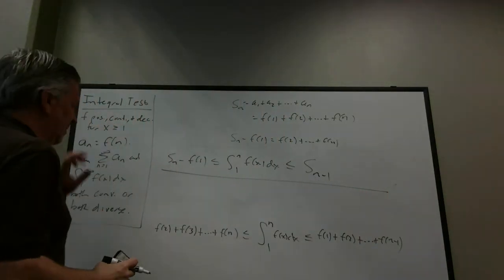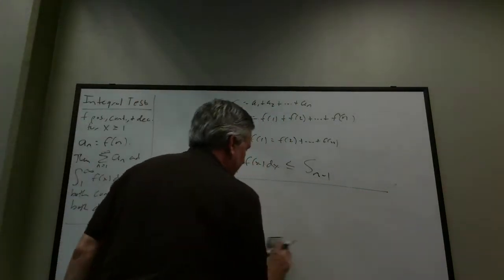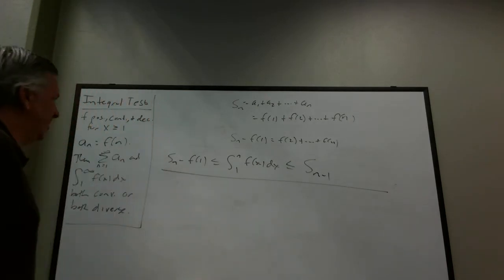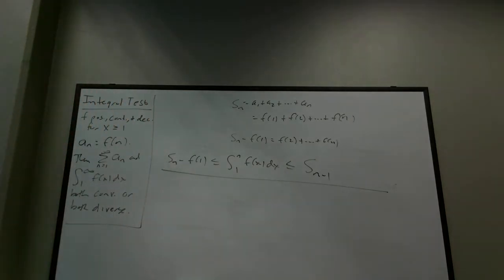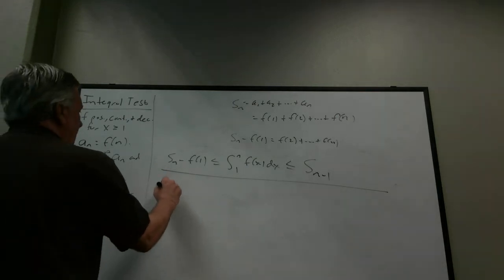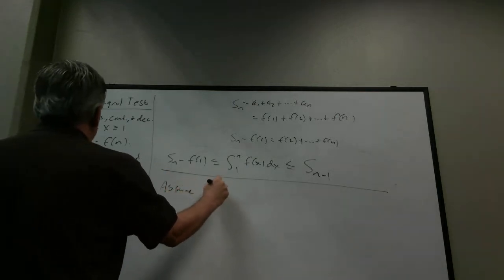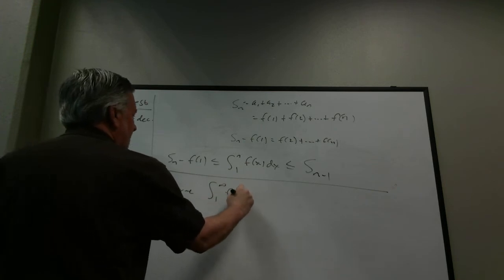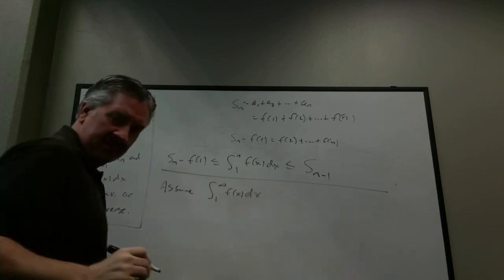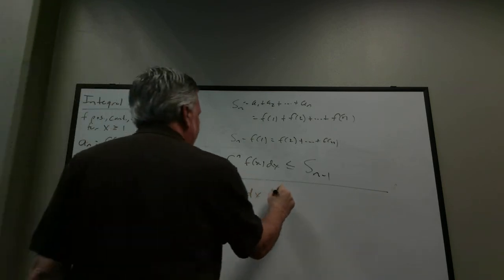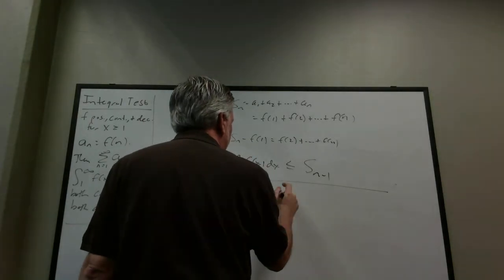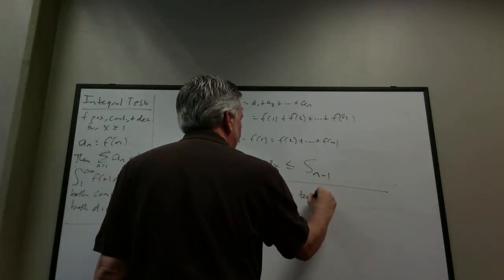Now we need to actually get to the theorem. This is the setup we need to actually prove the theorem. Okay? So let's assume the integral from 1 to infinity of f of x dx converges to L. Right?